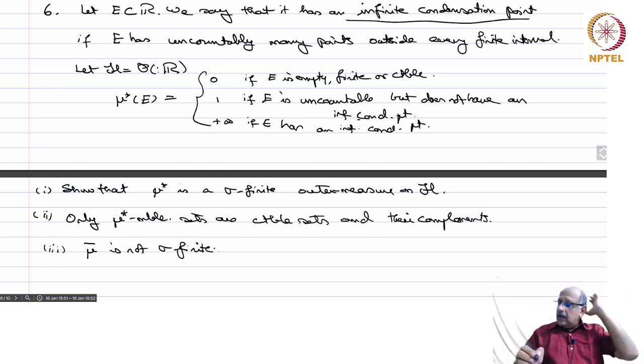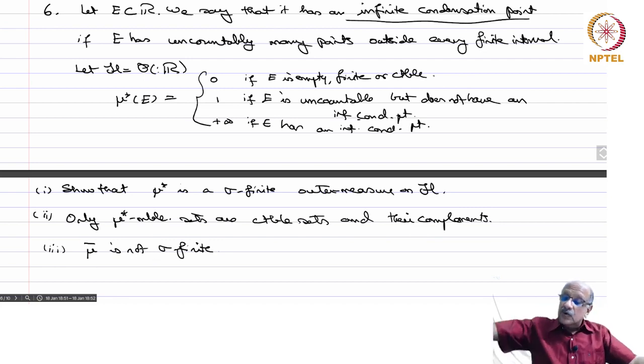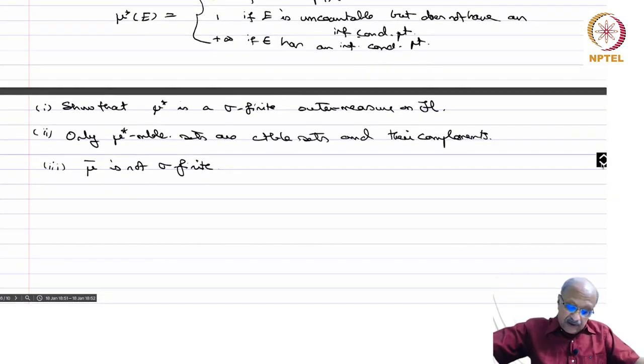So you are taking an outer measure on the power set, and these are the only mu star measurable sets. You know that with an outer measure and mu star measurable sets, mu star becomes a measure on that set, and that measure we want to show is not sigma finite.